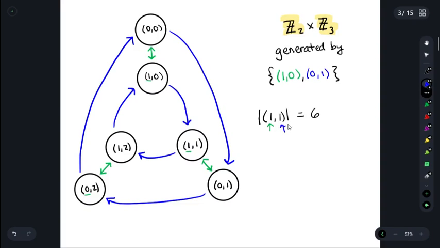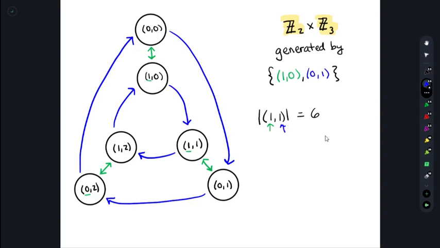But this one, every time we add (1, 1), is cycling between 0, 1, and 2. So we go 1, then 2, then back to 0, and then back to 1. The first time that going every 2 and going every 3 line up is the least common multiple, just like we saw in those permutation groups.